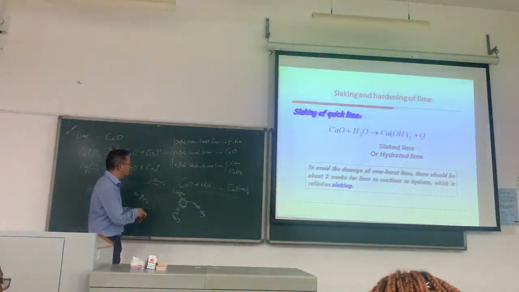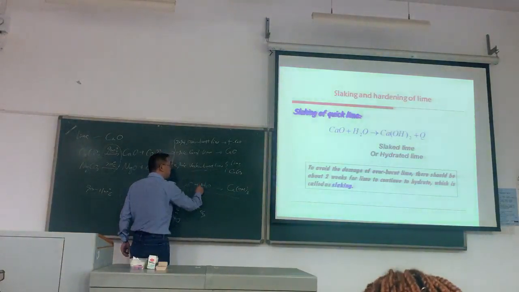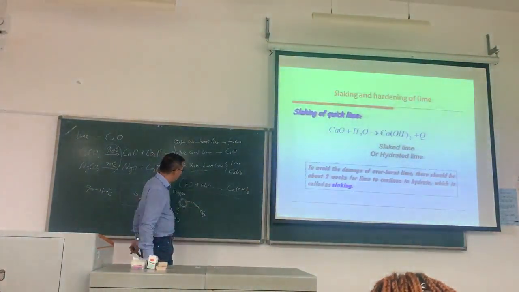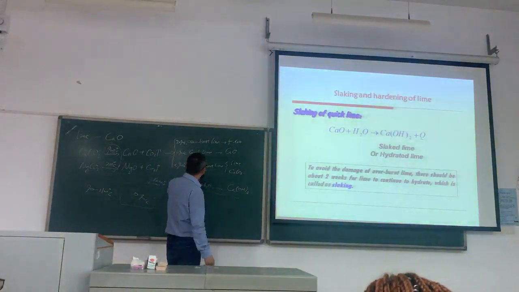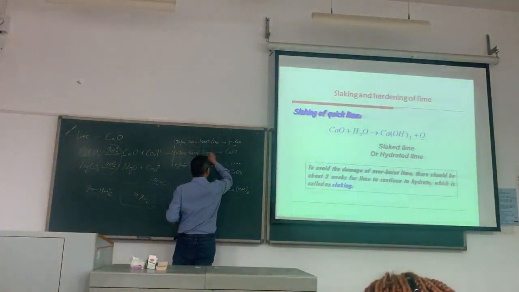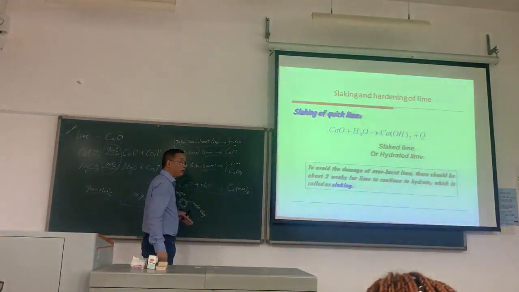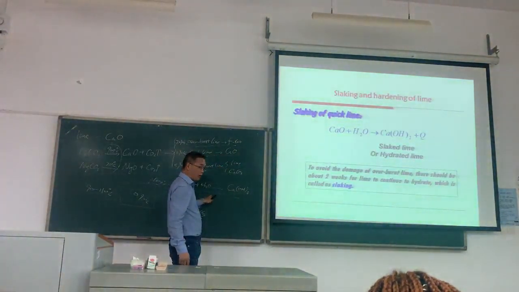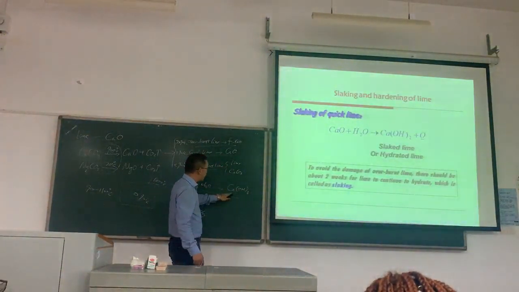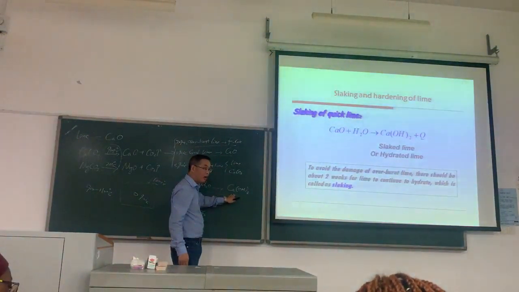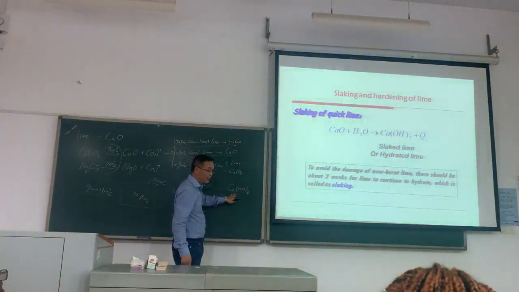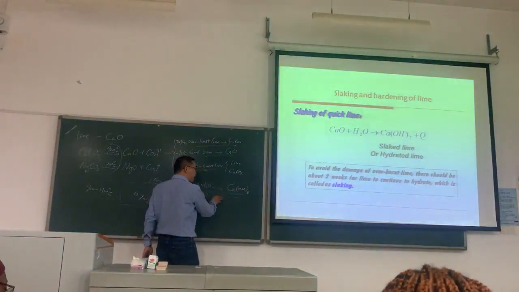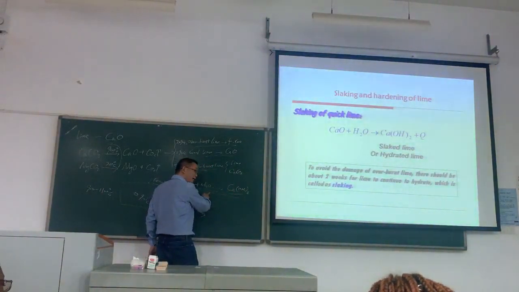And to avoid the damage of the overburnt lime, okay. This is another one. For the overburnt lime and the good lime, when they contact with the water, this reaction will happen, and we will get the hydrated lime, or slaked lime. The product is the same, but the speed of the reaction is different.